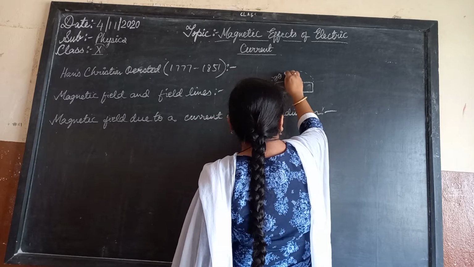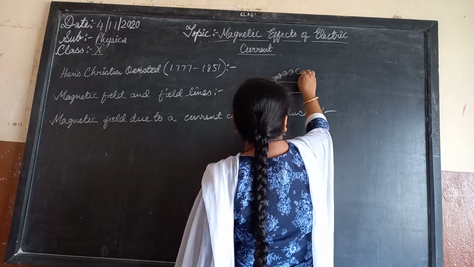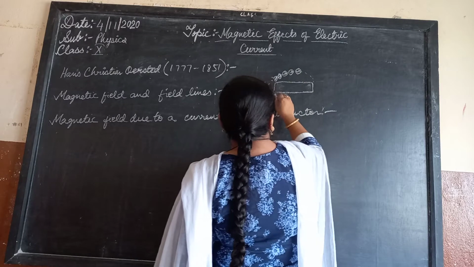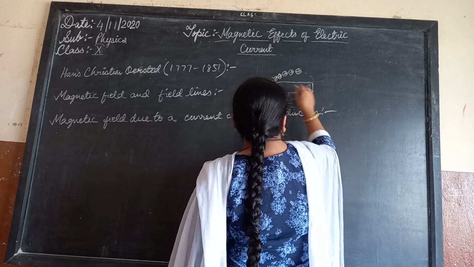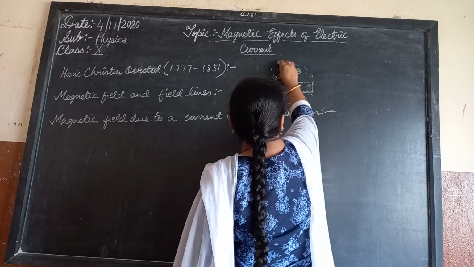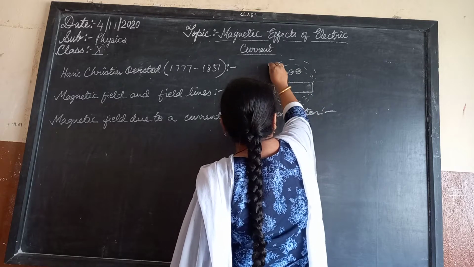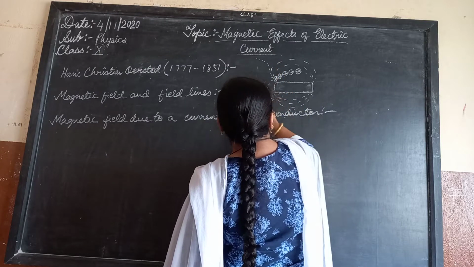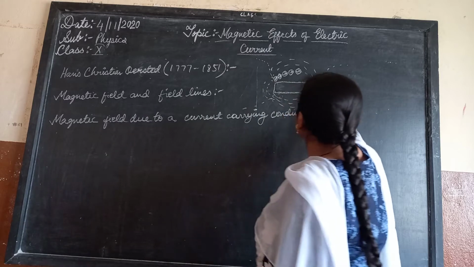It will just deflect like this. So we will draw a path just like this. The fields are in this order. These are the magnetic field lines, generated in this order, moving from north to south direction.